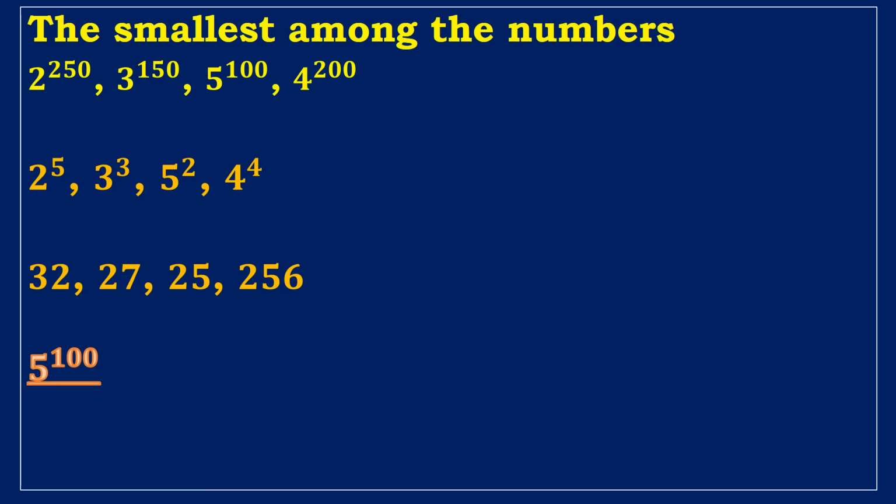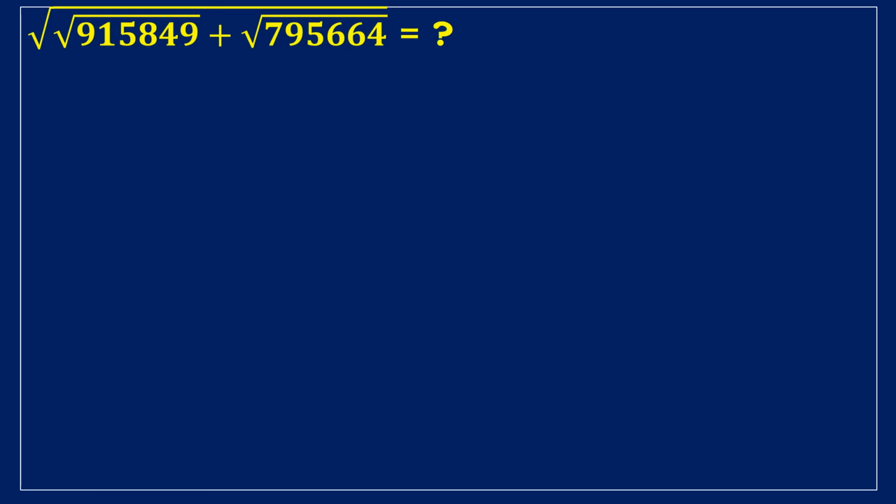Let us now look at some additional examples. Find the square root of the square root of 915,849 plus the square root of 795,664. As was covered in the Speed Maths 2 video, it is simple and smart to find the square root of a given number.